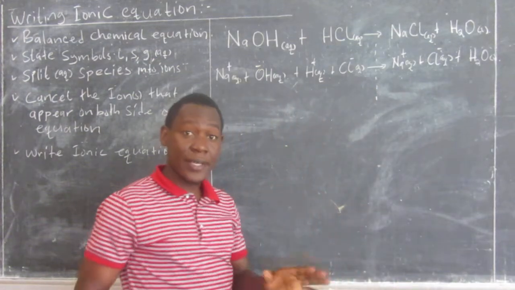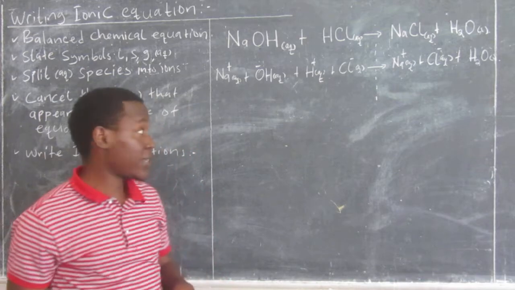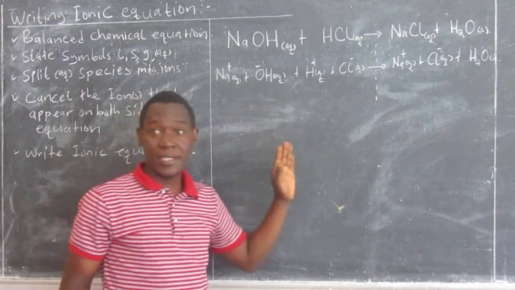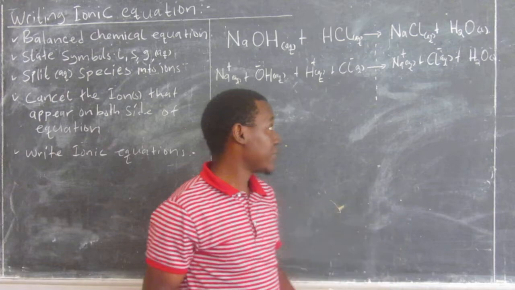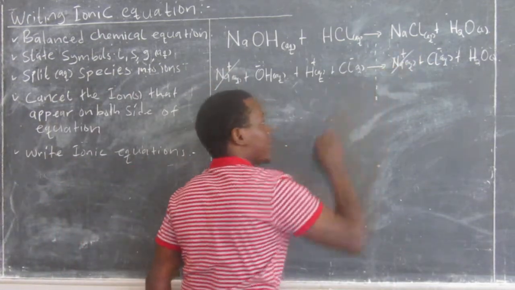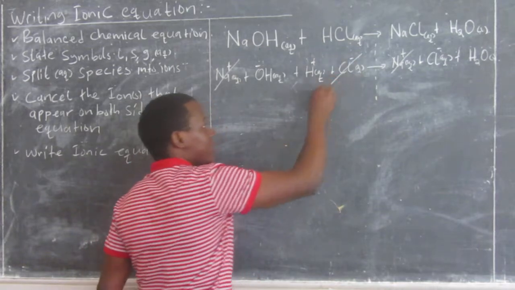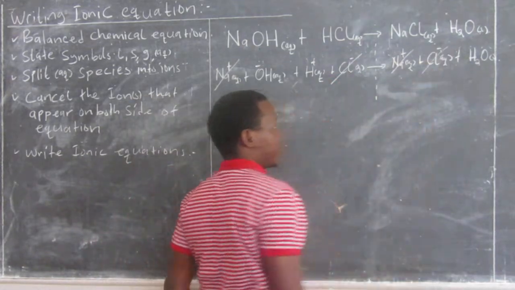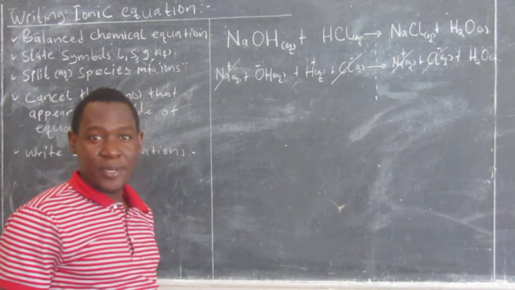We cancel the ions that appear on the reactant side and at the same time on the product side. The sodium ions go out with the sodium ions. The Cl ions go out with those Cl ions. I hope there are no other ions which appear on both sides.